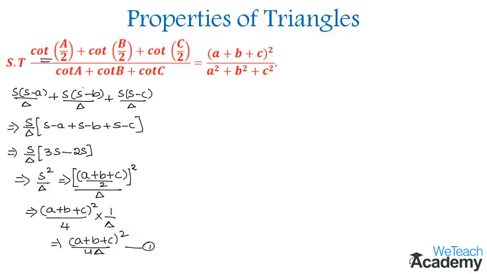So now let us consider the denominator, cot A plus cot B plus cot C. So cot A can be written as cos by sine. So let us use the formula of cos A by using the cosine rule.